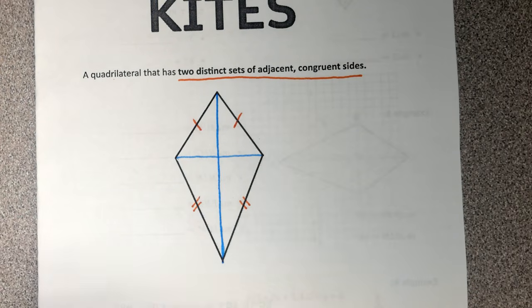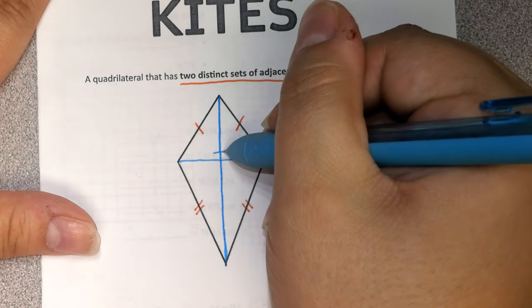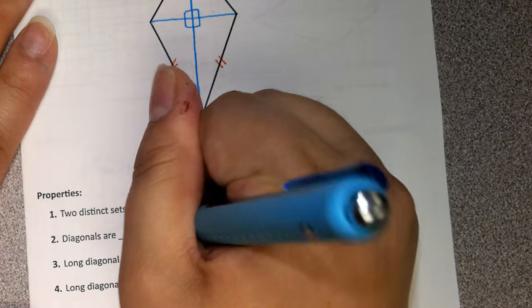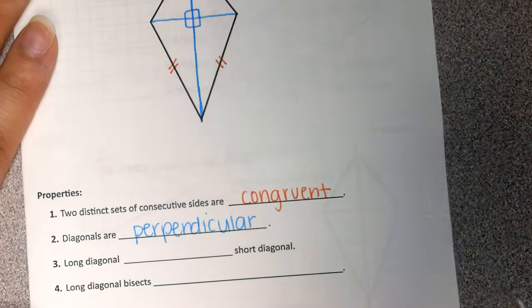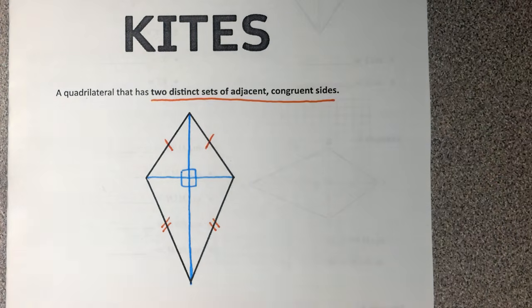What do you notice when I drew these diagonals? They are perpendicular. So the second one, diagonals are perpendicular. They create 90-degree angles. What else do you notice about the diagonals? The long diagonal bisects the short one. Yeah, the one diagonal bisects the other.